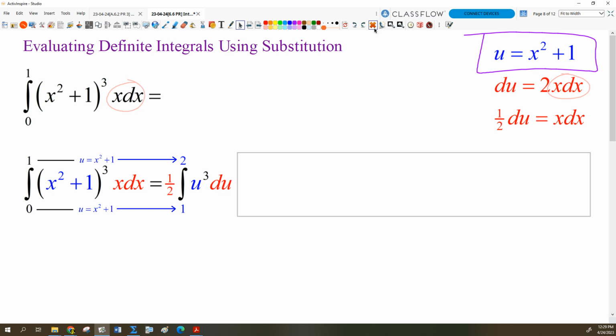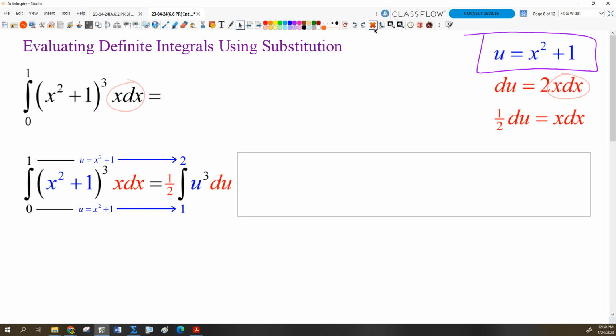In our indefinite integrals, we always had to get a solution in terms of u and then reverse the substitution to get back to x's. Because what is the solution of an indefinite integral? It's a family of curves, right? It's a function, a family of curves with a c involved.